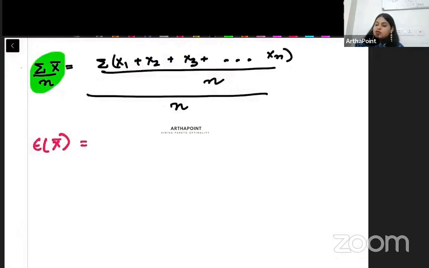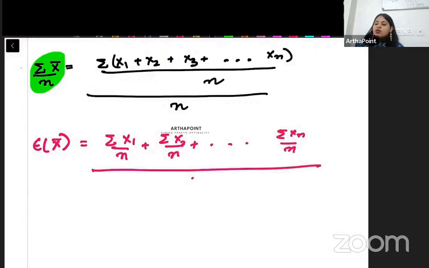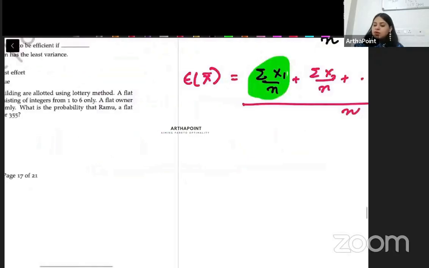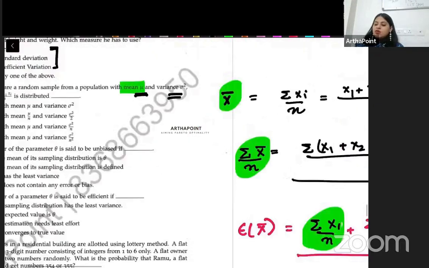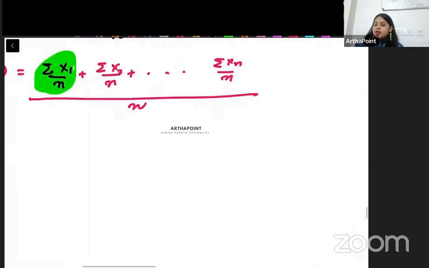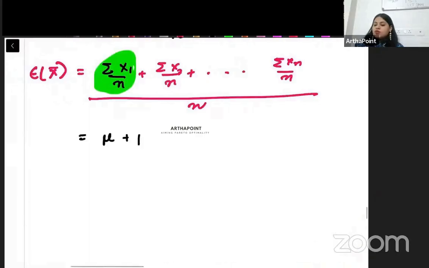Mean of x bar, so what will this be? Summation x1 by n plus summation x2 by n plus summation xn by n, by n. But this is the mean of x1, and mean of x1 is mu. Mean of x2 is also mu and so on. So this will be mu plus mu, so on till mu, by n.